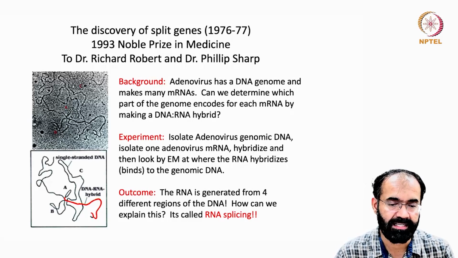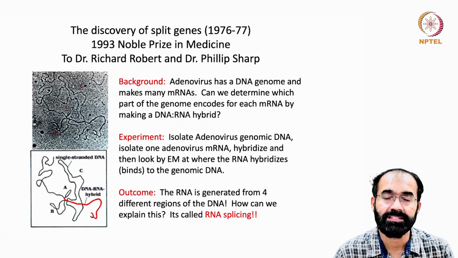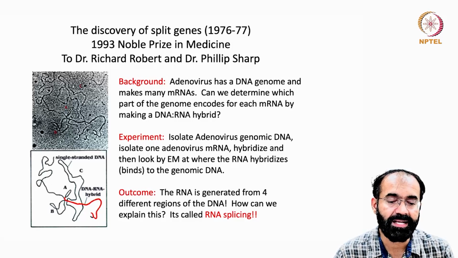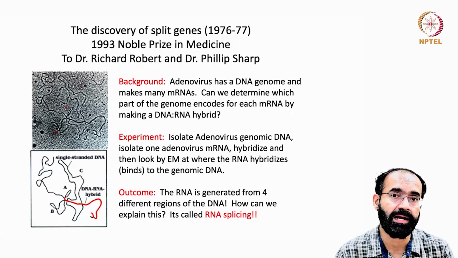Evidence was needed. What they did: adenovirus has a DNA genome and makes many mRNAs, and can we determine which part of the genome encodes each mRNA by making a DNA-RNA hybrid?